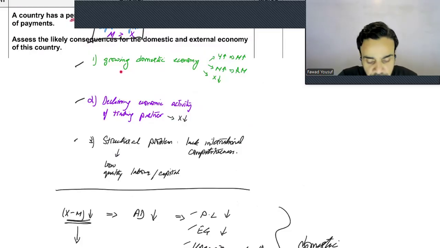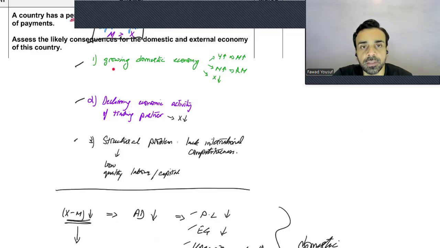For example, they may choose one of the reasons behind a persistent deficit could be that our local economy is growing.